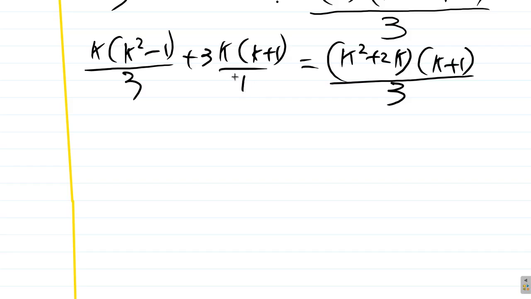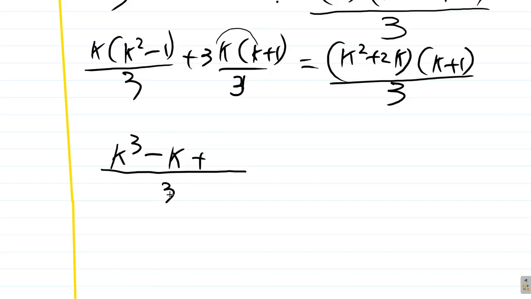All of this times 3, and the 1 times 3 gives a 3. So you could write everything over 3. So at the top, multiply out the brackets, k by k squared gives a k cubed, minus k by negative 1 is minus k, plus 3k by k gives a 3k squared, plus 3k by 1 gives a 3k, is equal to.